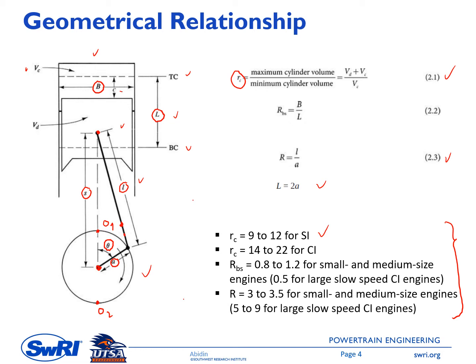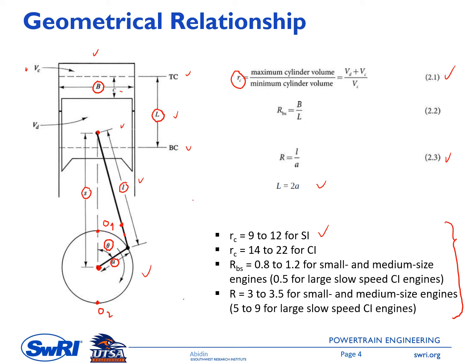Right now we are also doing research looking at around 12.5. And natural gas spark ignited engine can have a slightly higher compression ratio. We are doing research for natural gas engine looking at compression ratio close to 13 to 1, but it's still research. We need to check whether our design is good to go or we have an issue with knocking and need to redesign the engine or reduce the compression ratio.